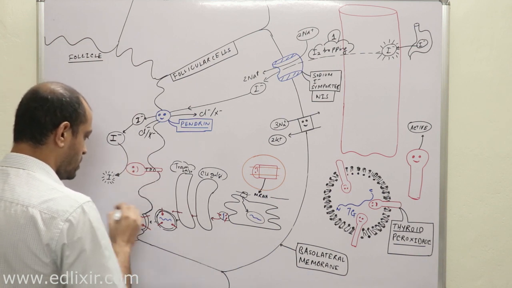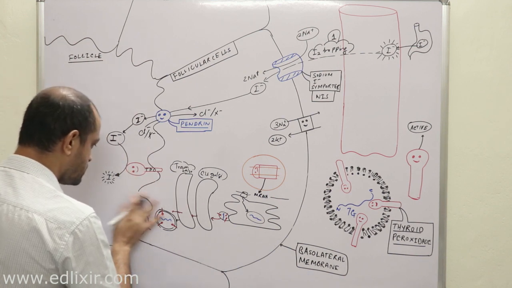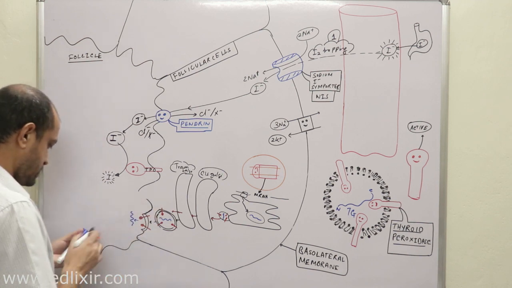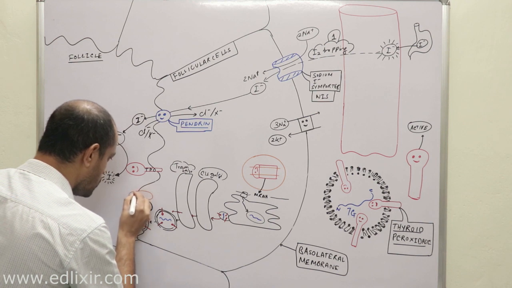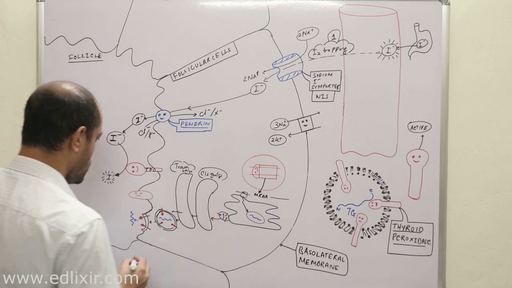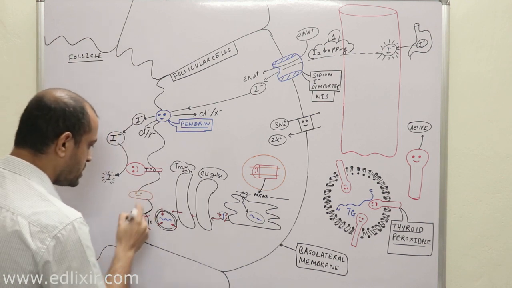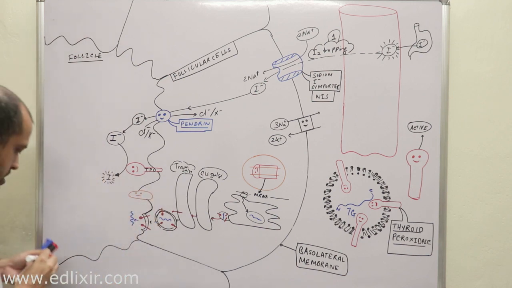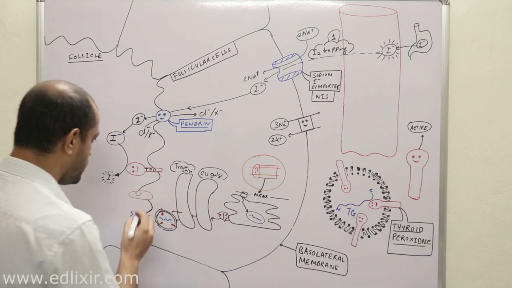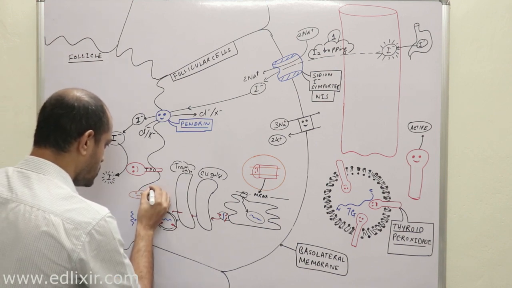This hydrogen peroxide is provided by another protein which is present here. This protein is known by the name of dual peroxidase.